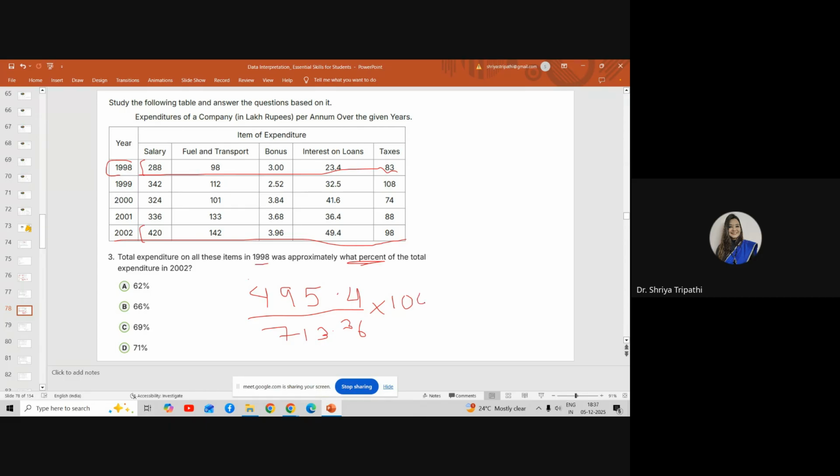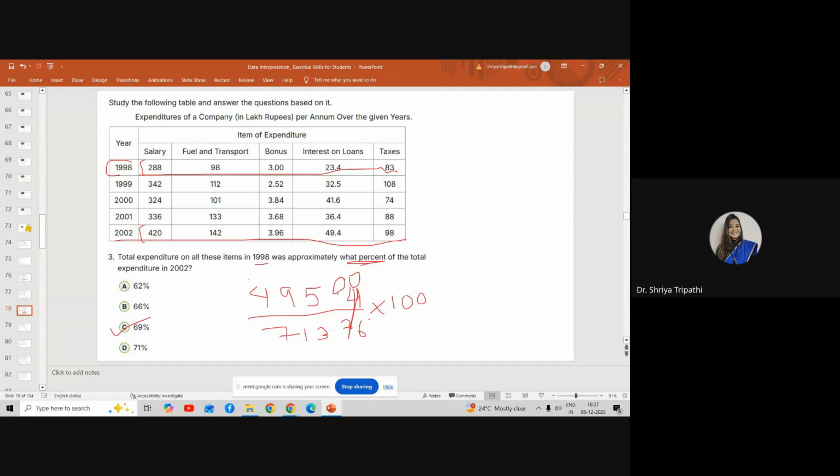Now, for your ease, if you don't want to go with this point and all, you can go with approximation, the nearest answer, as I always say. Here again, these digits after the decimal are lesser than 5, so you can just omit it and try to figure out the percentage. Now 7, if we go with the multiple, 7 sevens are 49. So you can divide 713 by 7 or 6. So nearest you will get the answer as approximately 69.45.